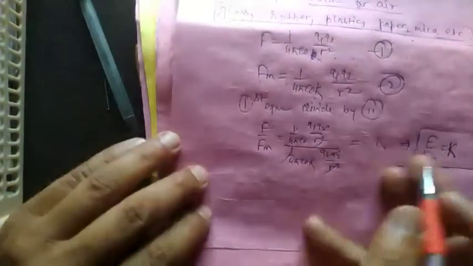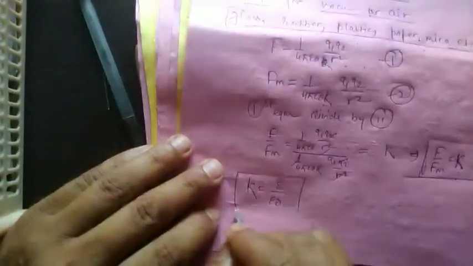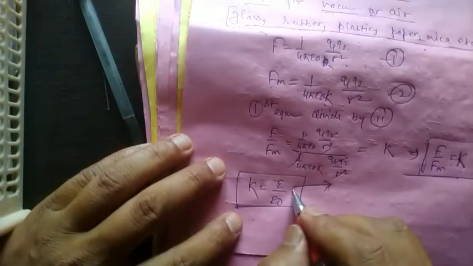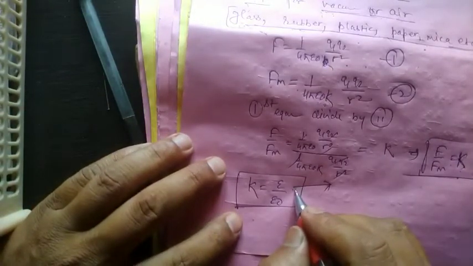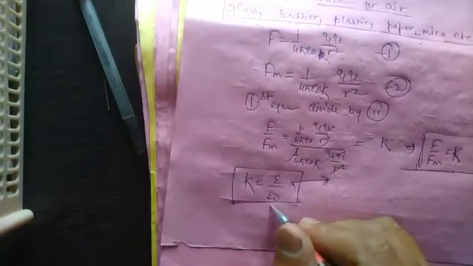Also, on this basis we easily write epsilon upon epsilon naught, where epsilon is the permittivity of the medium and epsilon naught is the permittivity of free space.